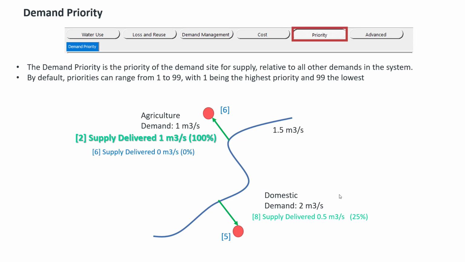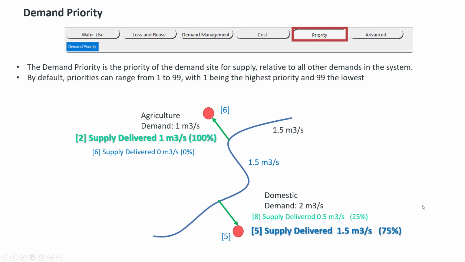Since we assign a higher demand priority to the domestic demand than the demand priority of the agricultural demand, and even more, the water requirement of the domestic demand is 2 cubic meters per second, the supply is insufficient for the agricultural demand. The agriculture demand coverage will be 0%, and for the domestic demand will be 75%.